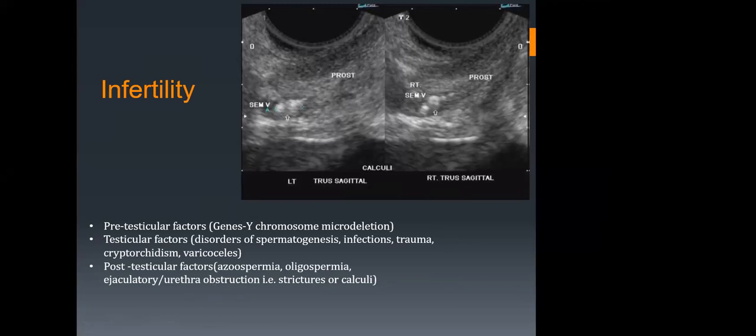Predominantly, it is in the prostate. Or you could have urethral strictures. Those we are unable to tell by doing prostate ultrasound. But we can see some canaliculi in the seminal vesicles, like you see here, or in the vas deferens.